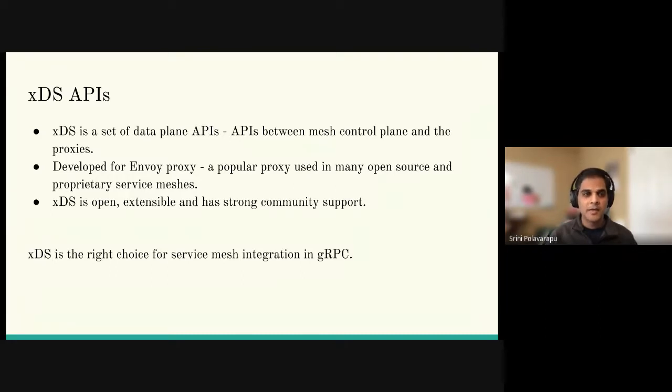So xDS APIs are open and extensible and have very strong community support. And because we also want to support coexistence of proxied and proxyless workloads in the same service mesh, it made total sense to use the most popular APIs out there. So that's why we picked xDS APIs a couple of years ago, and we started adding support for xDS in gRPC.